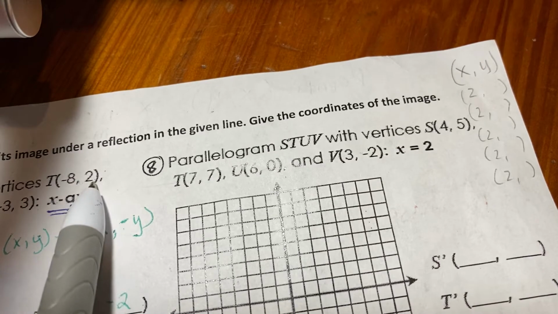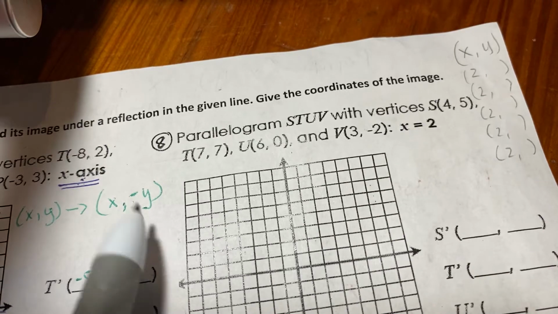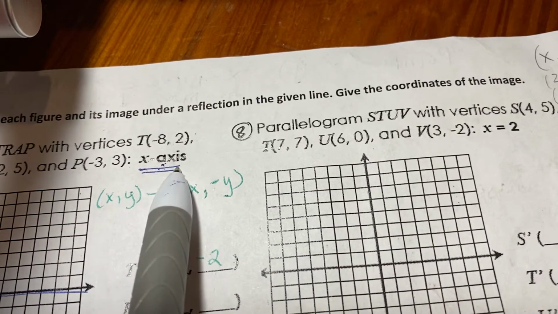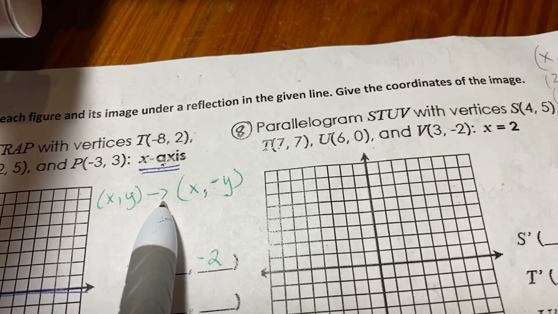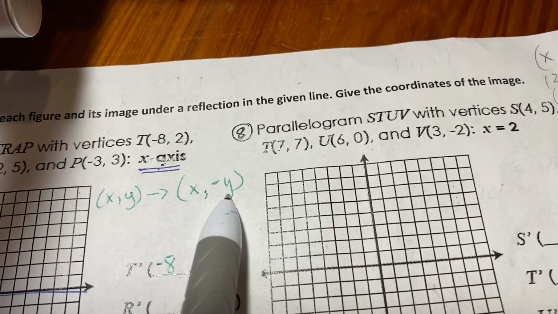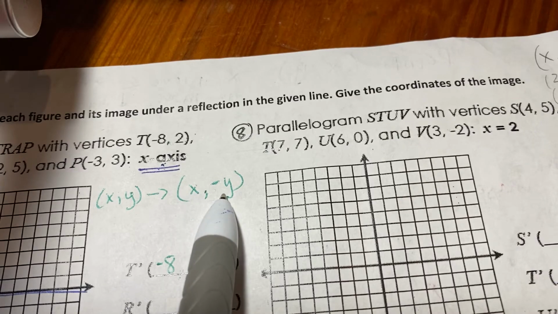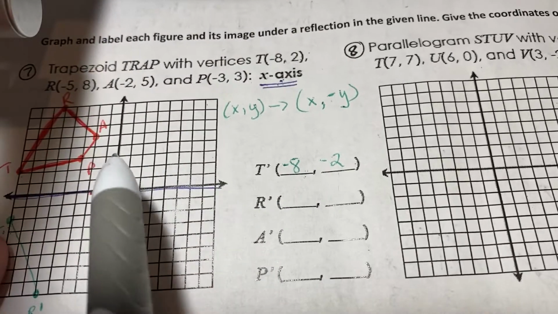So on a number line, if you looked at the number 2, the opposite of 2 is going to be -2, okay? So when the line of reflection is the x-axis, our function notation is my x and my y become x, -y, which tells me that my x stays the same and my y, I'm going to change the sign.